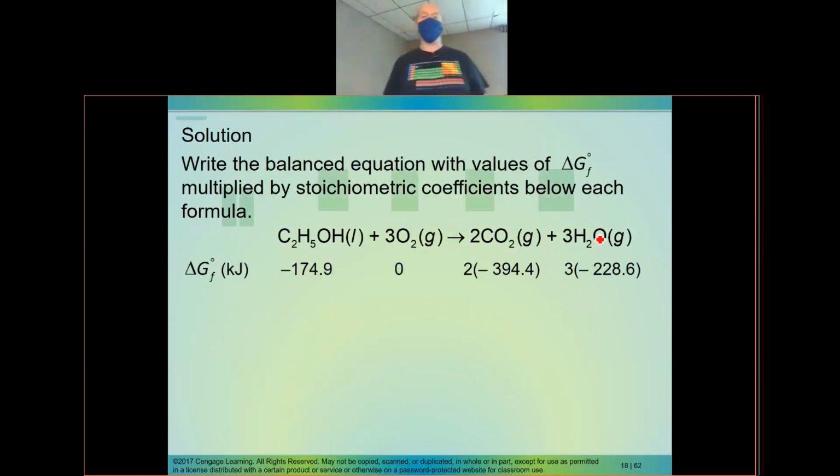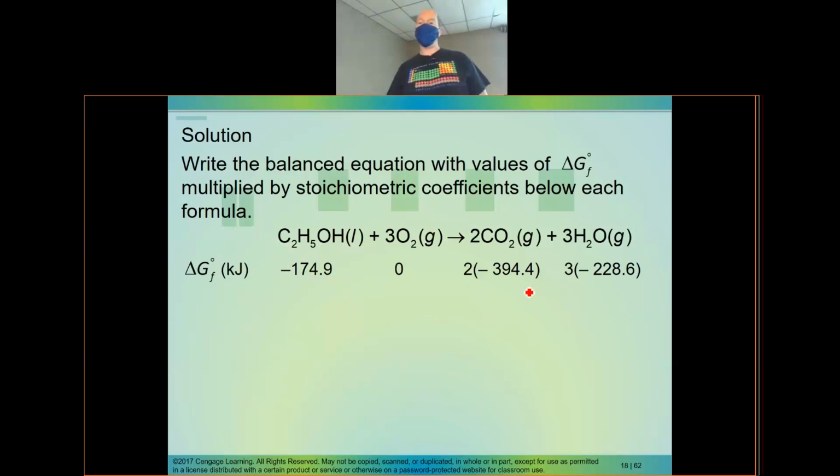All right, so there are the numbers. Again, it's in kilojoules per mole. So negative 228.6 kilojoules per mole, and we have to multiply it by the 3 moles. Negative 394.4 kilojoules per mole, multiply it by the 2 moles. Oxygen is an element in its natural state, 0. Negative 174.9 kilojoules per mole, 1 mole of that.